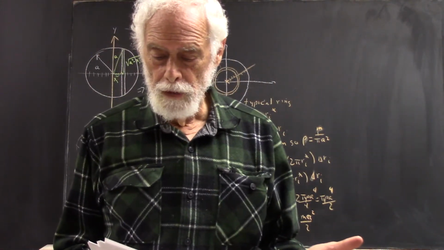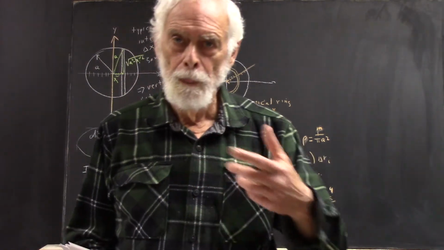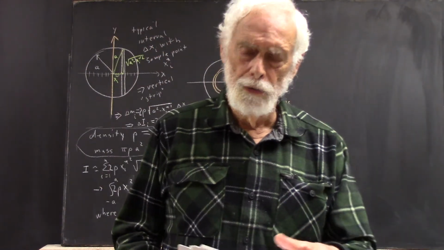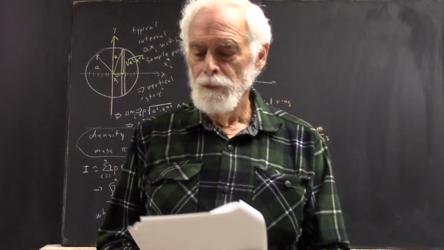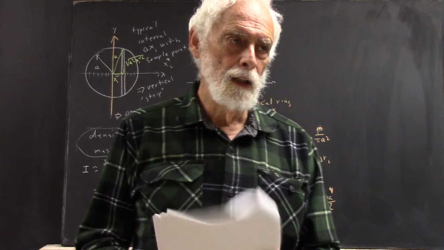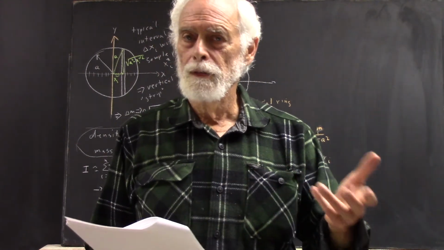Another one, finding the average value of the function x, y, z over a solid sphere centered at the origin. No matter what the sphere, that's going to have to give you 0 by symmetry. X, y, and z can each have either a positive or a negative sign.